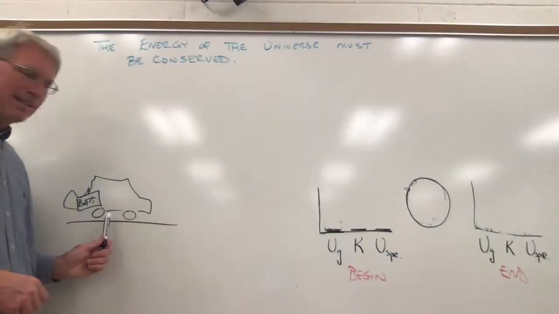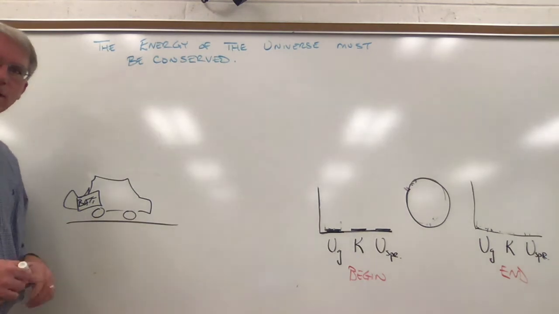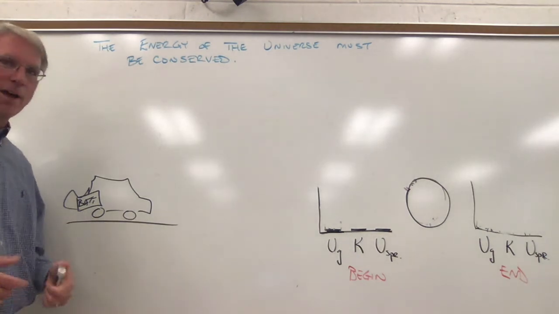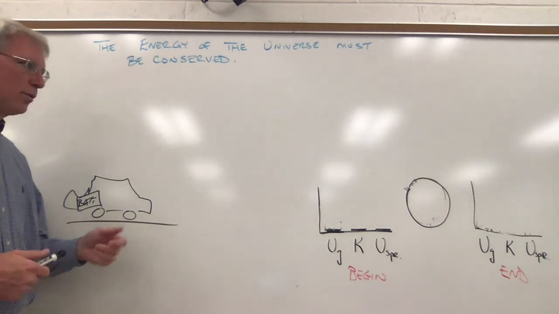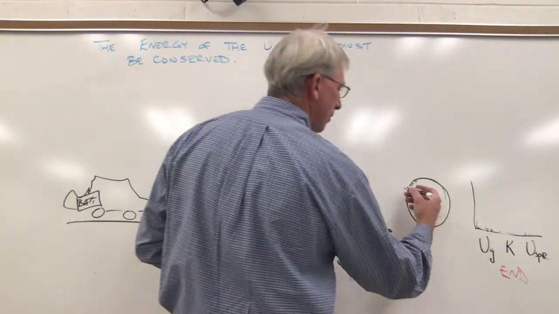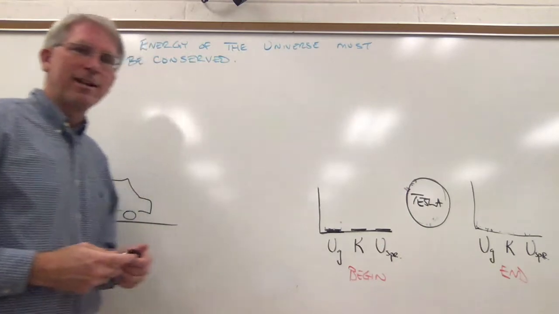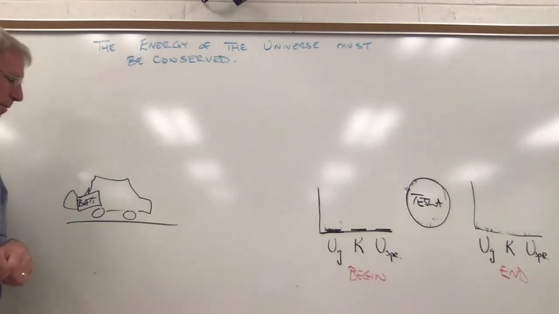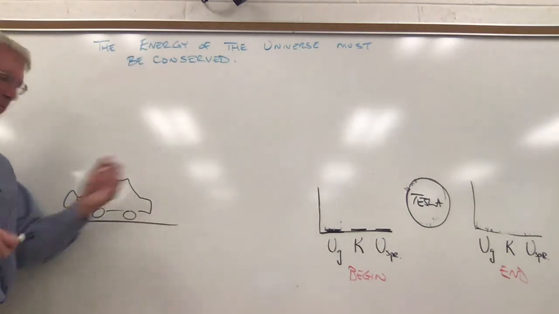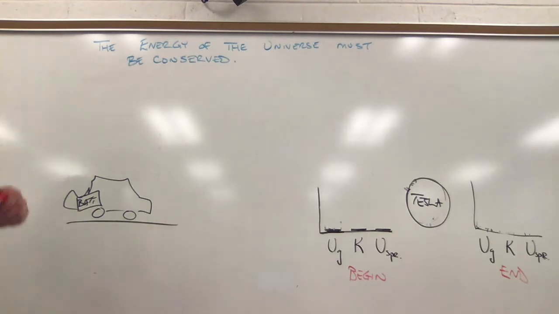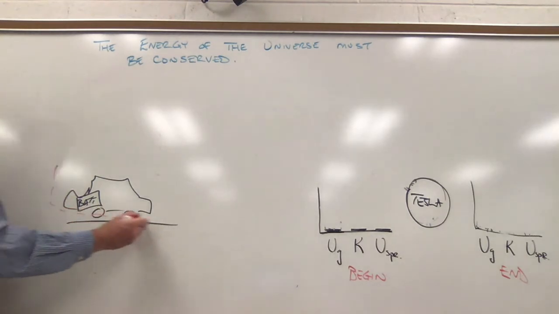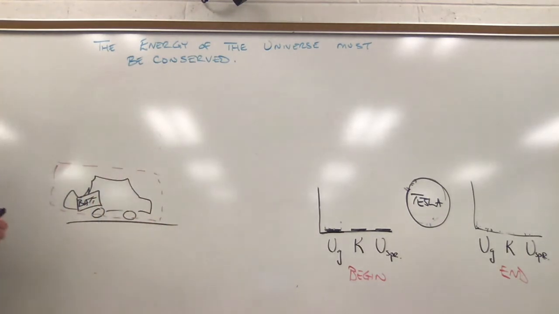Okay, here I have a Tesla battery fully charged, and I'm going to drive this thing around until it dies. So my system is my battery operated Tesla there. And I'm going to look at the system. Let's put my dotted lines around there. So there's my system.